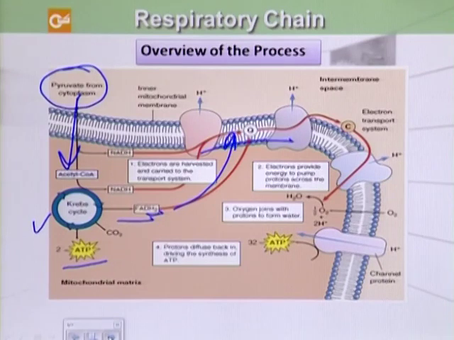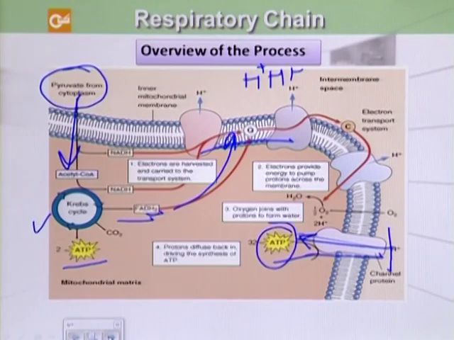As a result of the transport of electrons, the number of protons increases, and due to the proton gradient, the ATP pump operates. Due to the movement of protons from higher concentration to lower concentration, this pump is activated, and finally it results in the formation of an ATP molecule, and as we have discussed earlier, the oxygen combines with hydrogen to form a water molecule.